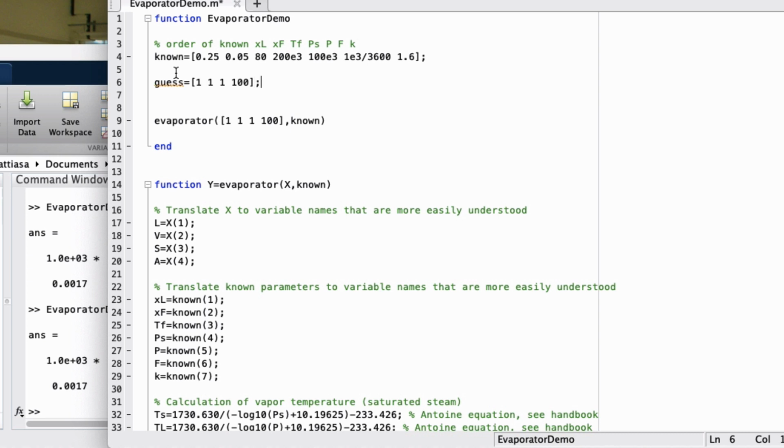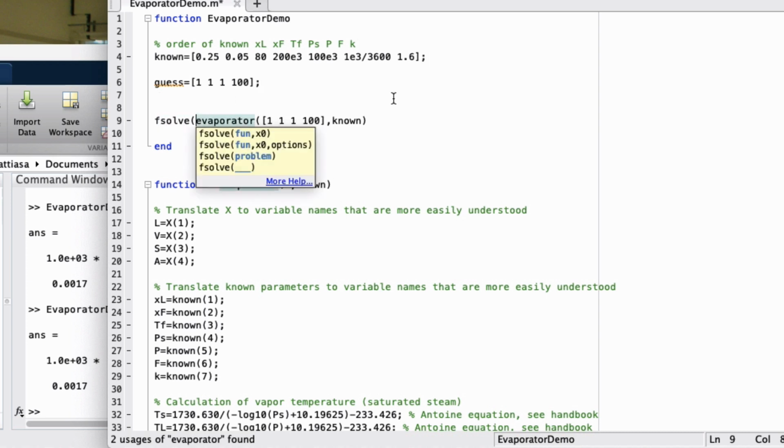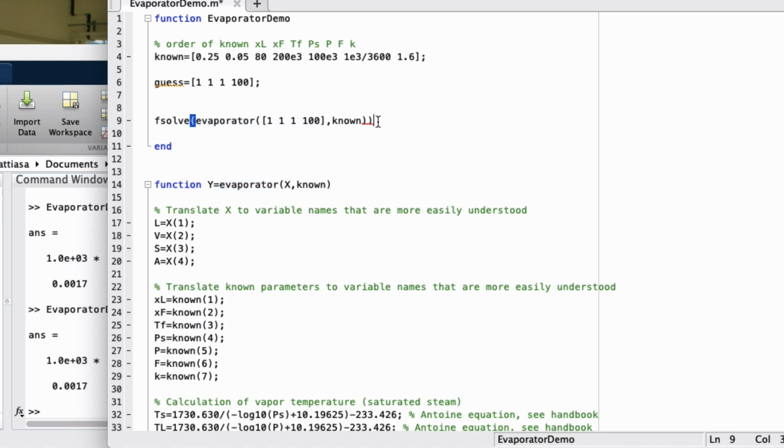Now, we need to call this with fsolve. So fsolve should do something with this thing here. And the way to do this now is to say, this is the unknown bit, right? Let's call that unknown. And how does fsolve know what to do?